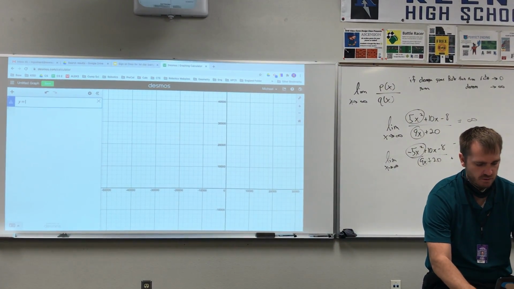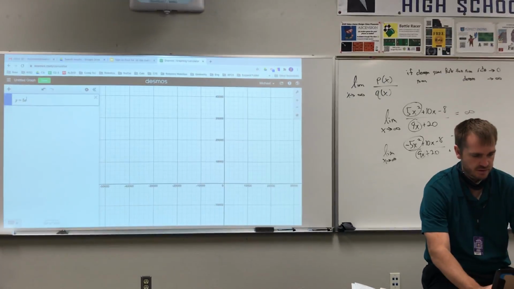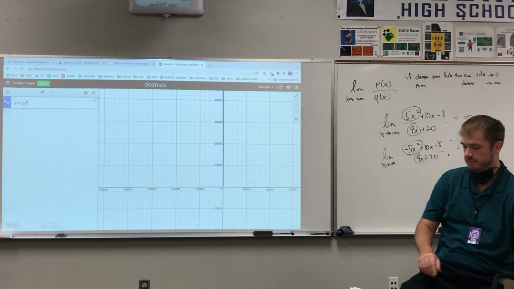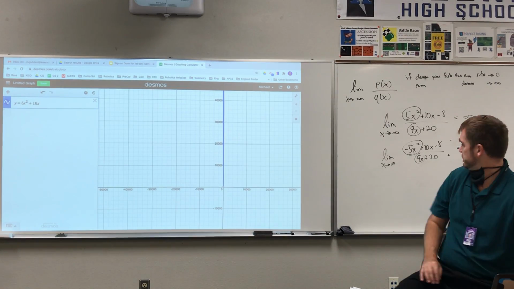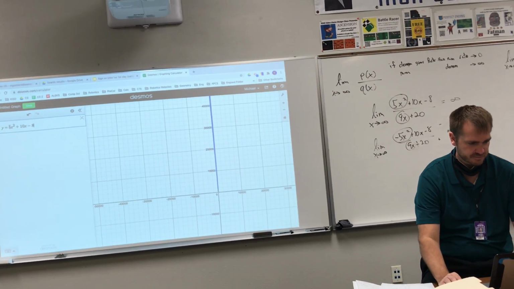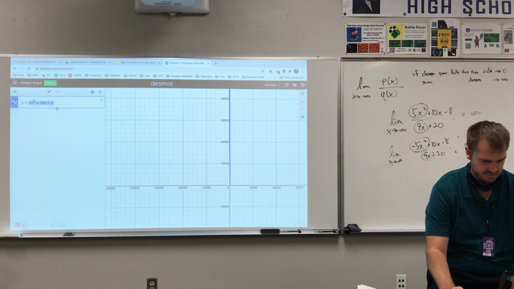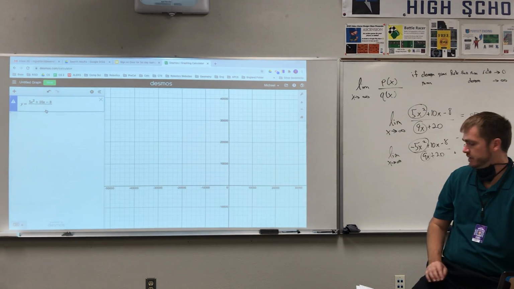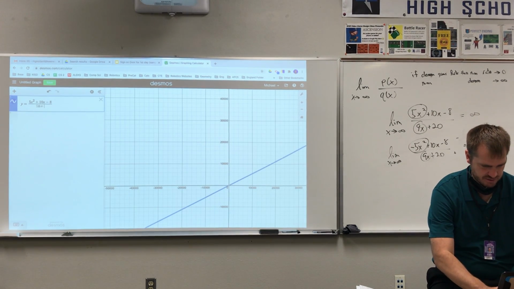So y equals 5x squared plus 10x minus 8 divided by 9x plus 20.